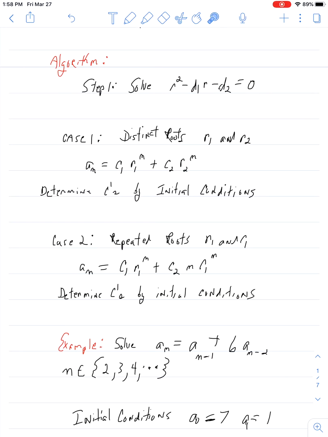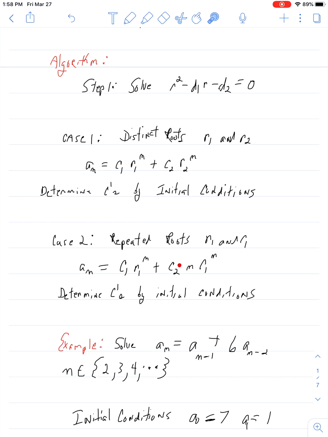Now, the second case, when you solve that quadratic equation, is that you get a repeated root. In other words, both solutions are the same number, r1 and r1. Our algorithm says that if that's the case, you can expect a solution of the form c1 r1 to the n plus c2 n r1 to the n. Now, the difference between this equation and this equation, you will notice, is number one, r1 is here and here because I only have one solution to my quadratic equation.